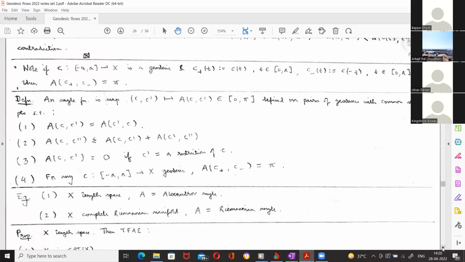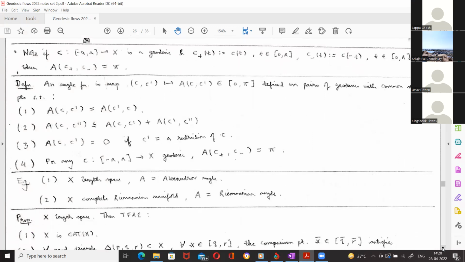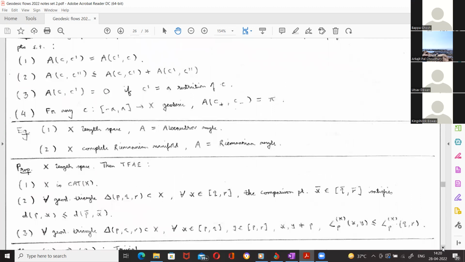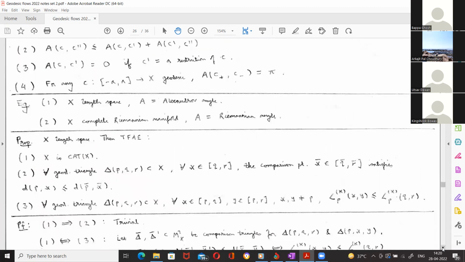Now, we'll give in a while a characterization of CAT(kappa) spaces in terms of angle functions. So first I want to give the following characterization. Suppose X is a geodesic space or a length space, then the following are equivalent, and kappa is always less than or equal to 0, I'm taking.